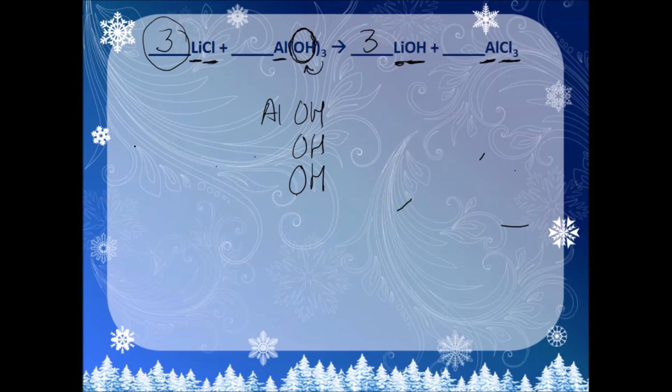How many LIs? 1. No, that number in front you must multiply through. So how many LIs? 3. How many CLs? 1. No, that number in front you must multiply through.